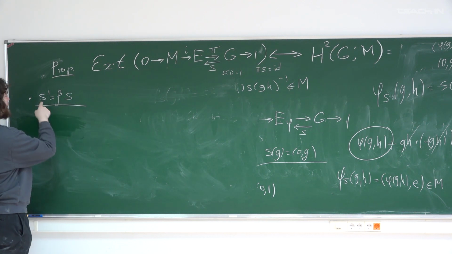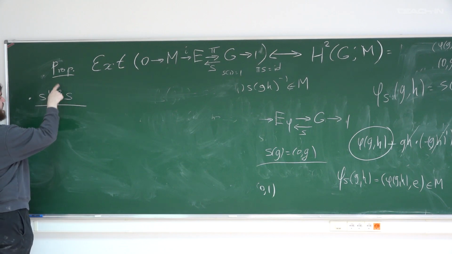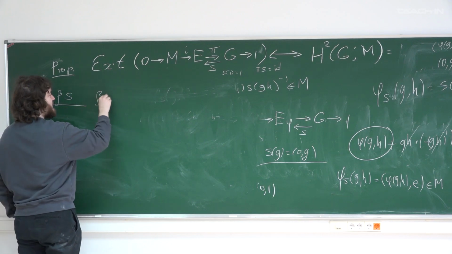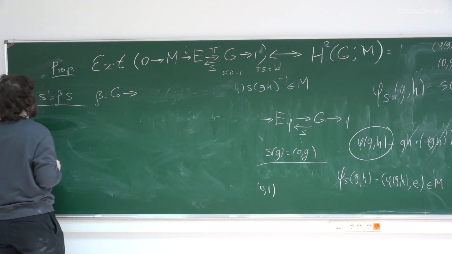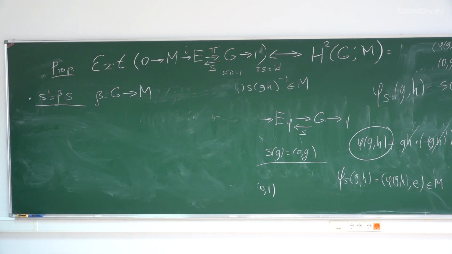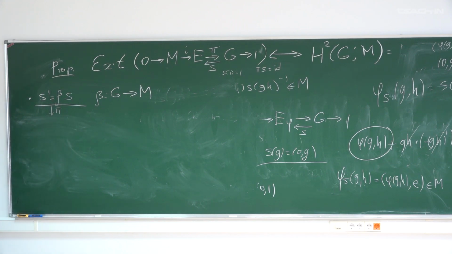Because S takes unit to unit, beta also takes unit to unit. And beta takes values in M, because if I apply pi, I obtain unit, so beta is also unit.